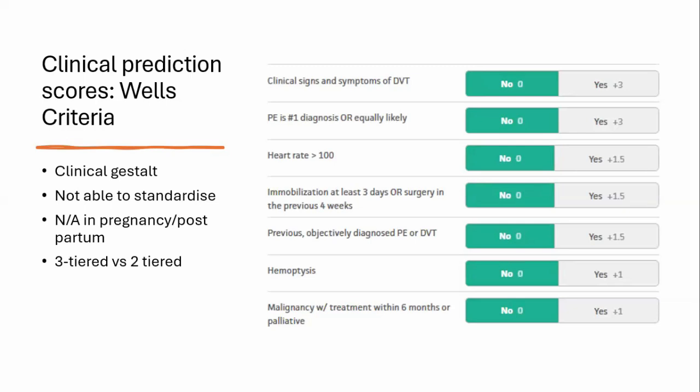And when I refer to two-tiered, the patient's either low risk or high risk, and you use 4.5 as your cutoff. That's also the current recommendation from the American College of Emergency Physicians. They prefer the 2-tiered system, but you'll still find going through some units or some of the literature where they use a 3-tiered system, where you'll put them as low, moderate, or high. So yeah, obviously you know your protocols, but again, MDCalc is your friend.